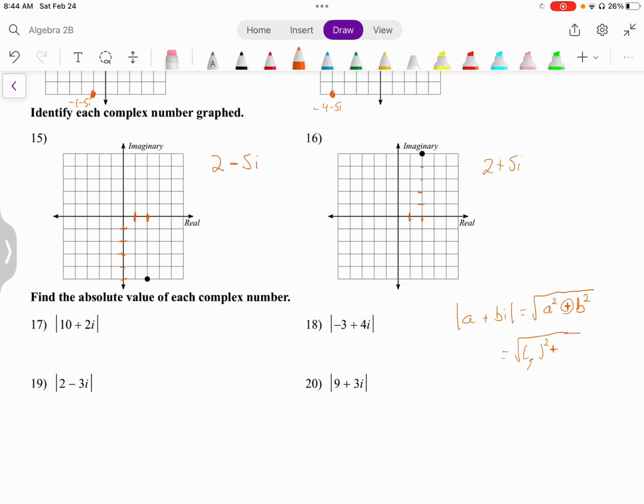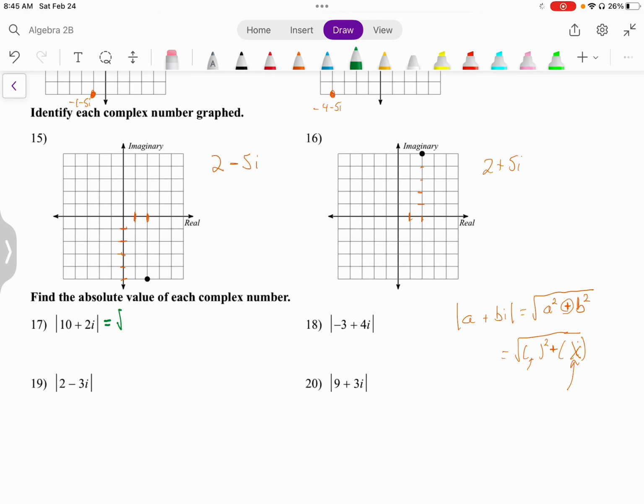And the other thing, you do not put an i in there. It's not a squared plus bi squared. It's just a squared plus b squared. So I'll try to reiterate those things as we work through here. Once we find the answer, we do need to put it in simplest form.